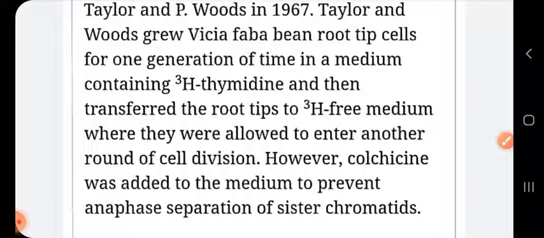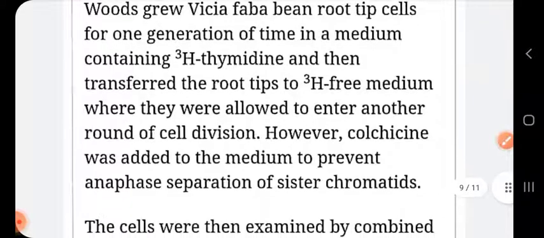But we will not allow the complete cell division, otherwise we will not get the result. So we add a chemical called colchicine, which disrupts the spindle fibers, and thus we can see the chromosomes. To prevent the anaphase separation of the sister chromatids, we add colchicine.